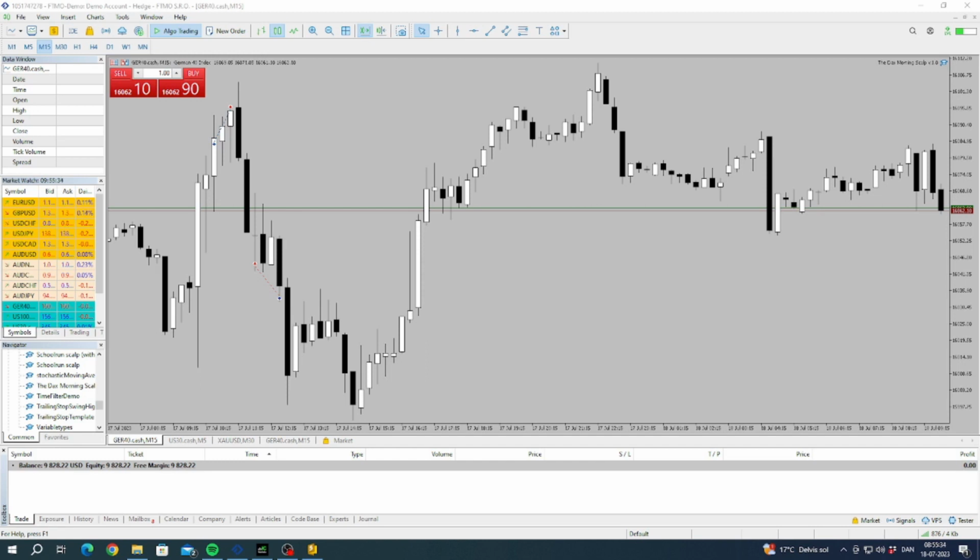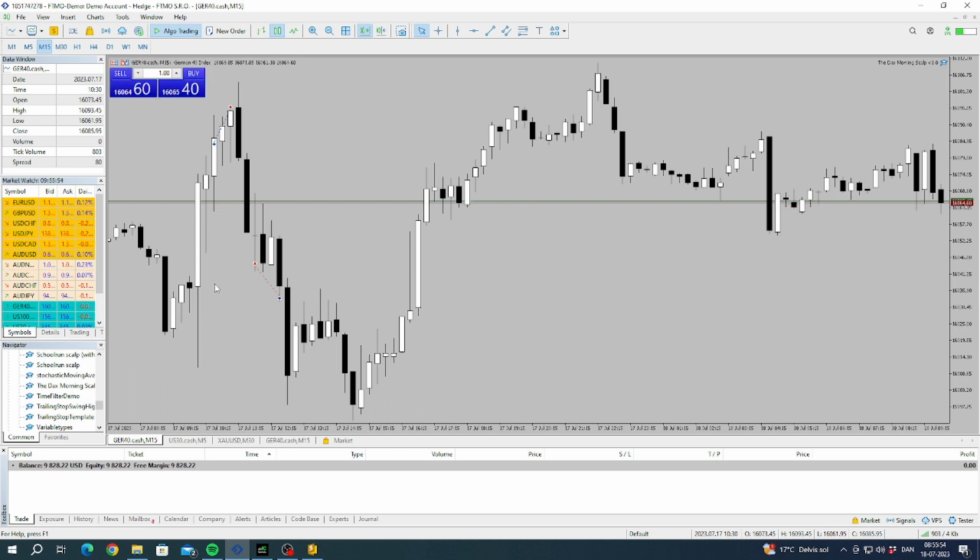Today I will introduce you to the Dax Morning Scalp strategy that you can find on the MQL5 market. So here in front of us we have the Dax index, also known as the Germany 40 index, or in this case, for example, it's known as the G40.cash.